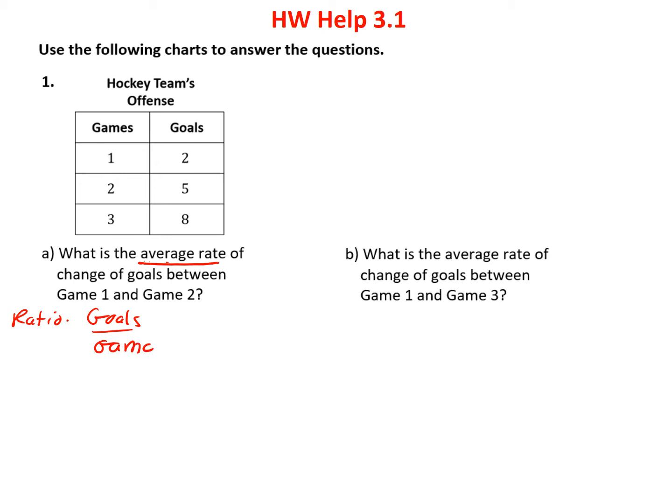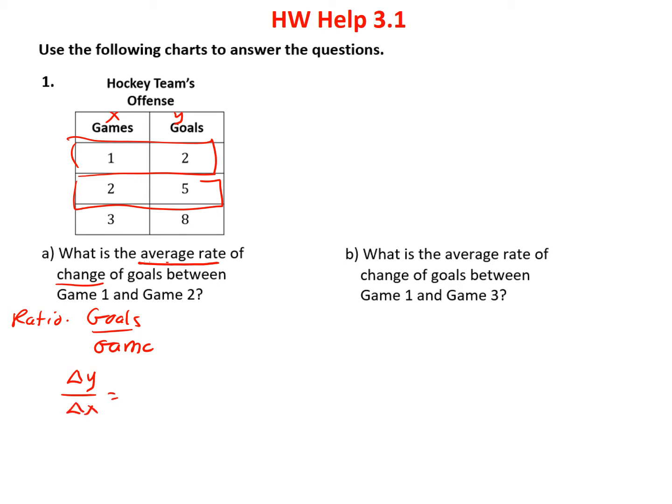In this case, they want to know what is the average rate of change between 1 and 2. So we're looking at one game, 2 games. What we're comparing is how much this changes. So I'm looking at the change in goals, which is typically the Y, over the change in games.